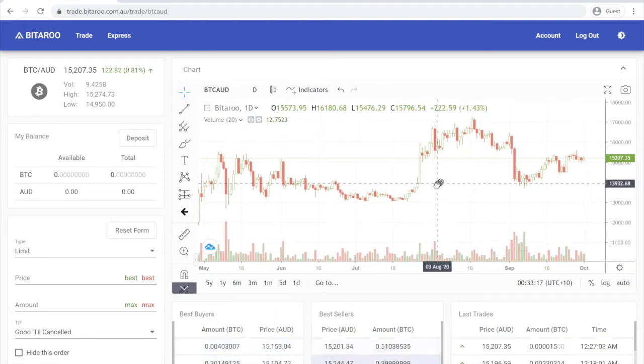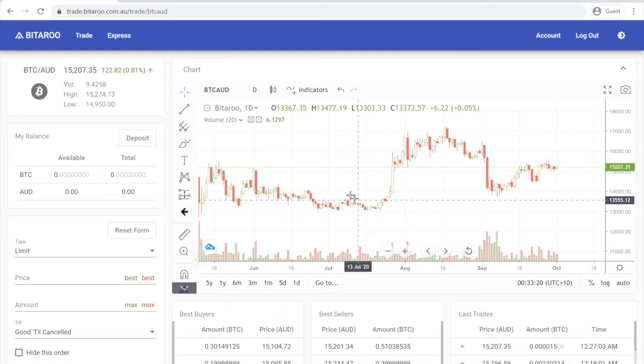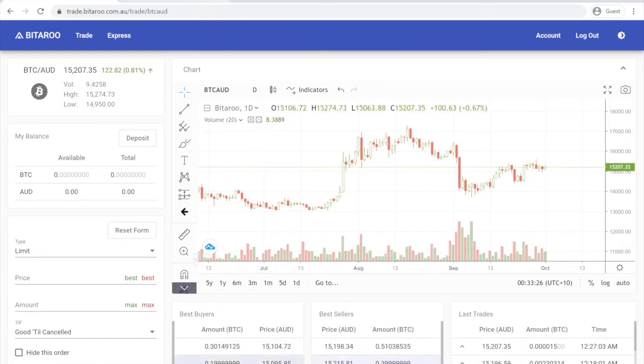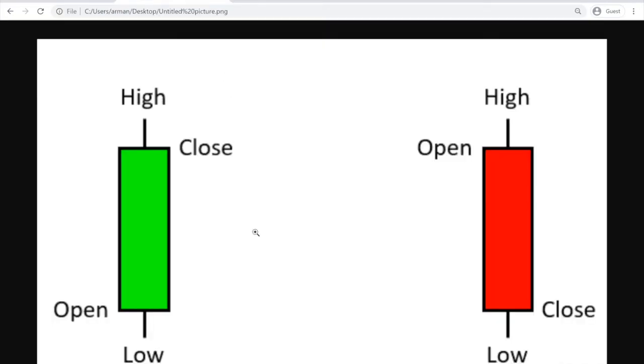And I'll just explain what these candlesticks are, because they're quite useful to look at what's going on with the price. So on the left you've got what's called a bullish candlestick, and on the right a bearish candlestick. I'll start with the left one.